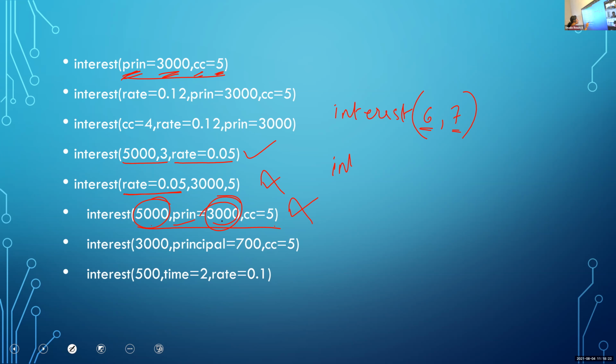So 3000 and 5000 are assigned to the same argument, print. That is the problem. Two values are assigned to the same variable. That is illegal. Is it clear, Emmanuel?